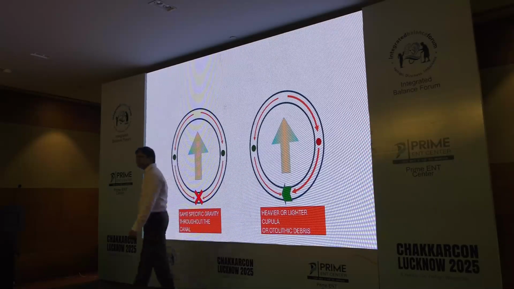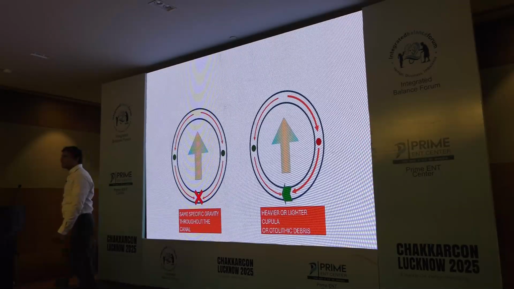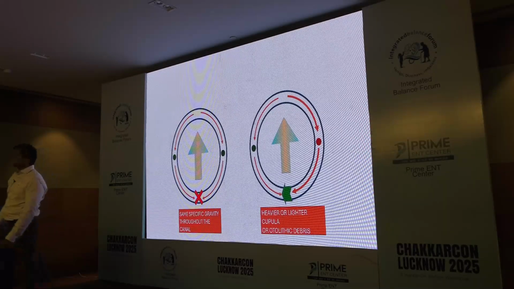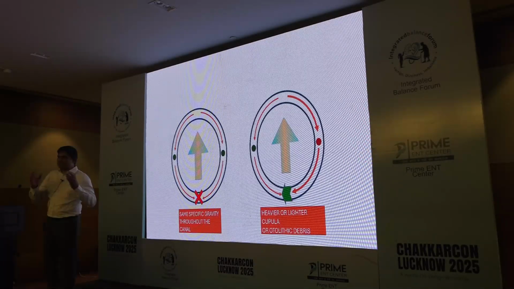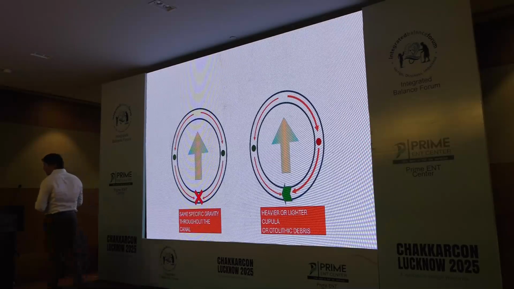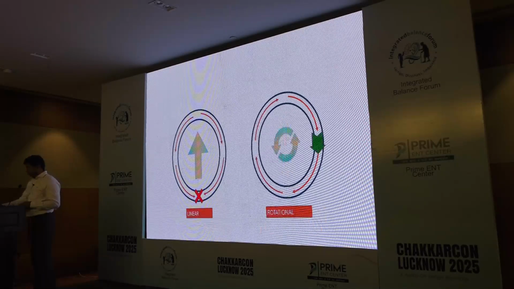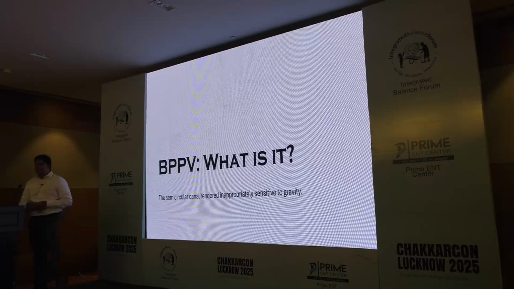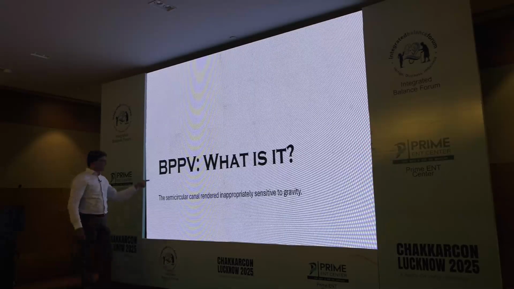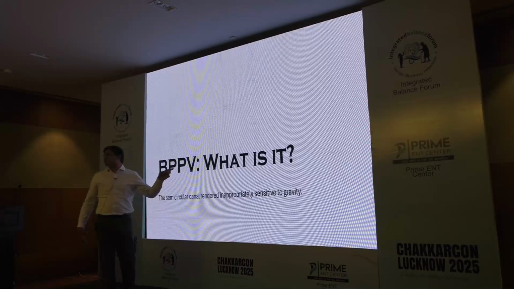Is that correct? Which means adding any foreign particle of a heavier mass will render that semicircular canal suddenly responsive to gravity. So what is benign paroxysmal positional vertigo? Benign paroxysmal positional vertigo is a semicircular canal rendered inappropriately sensitive to gravity.